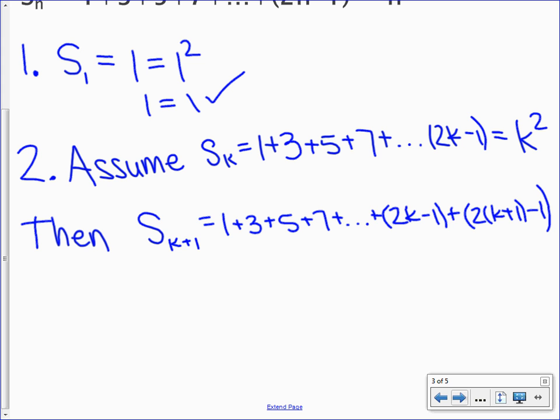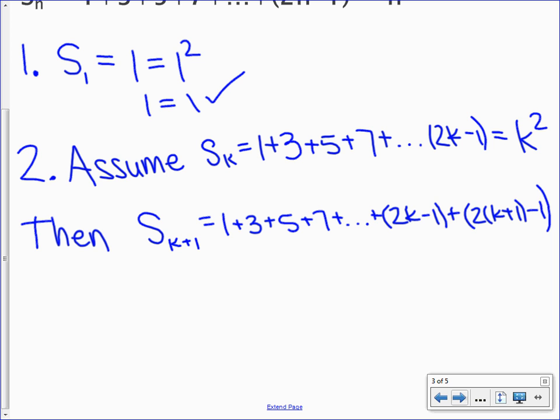This is the sum of the first k terms. So if I'm finding the sum of the first k plus 1 terms, I add up all of the terms to k and then add the k plus 1 term. Does that make sense? Why that is? Let's think of numbers.